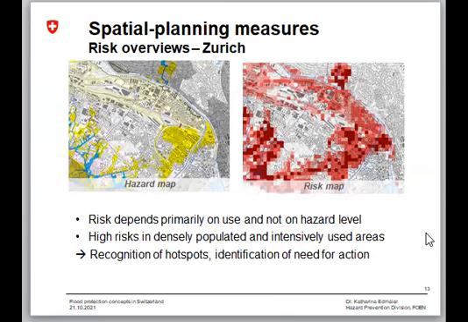So the risk depends primarily on the land use rather than on the hazard level. And we observe high risks in densely populated and intensively used areas. Those are mainly the areas we need to protect from flooding.